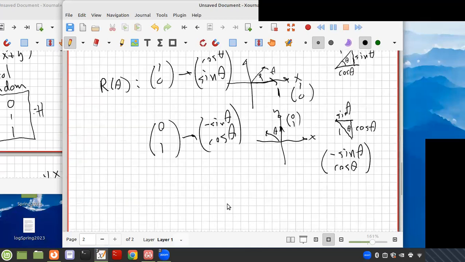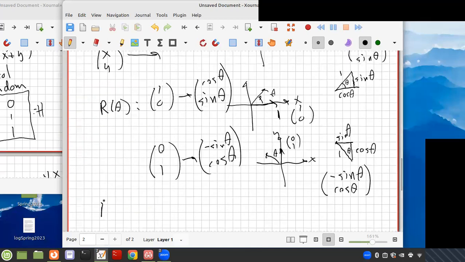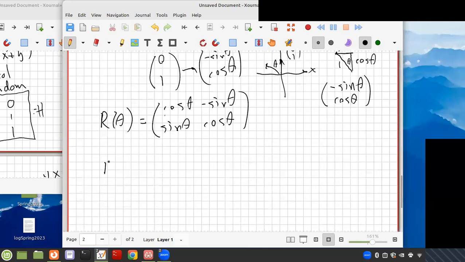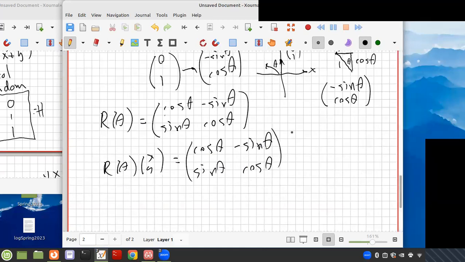Okay, so using this principle, our matrix R of theta just equals cosine theta, sine theta, minus sine theta, and cosine theta. So if I take R of theta times a vector xy, that corresponds to cosine theta, minus sine theta, sine theta, cosine theta times xy, and you do the matrix multiplication.